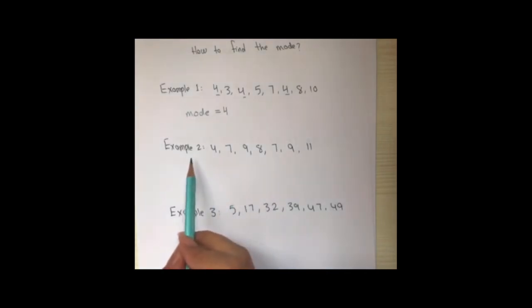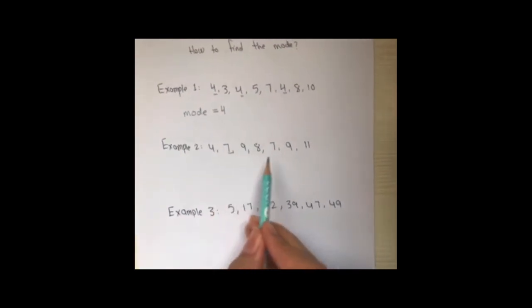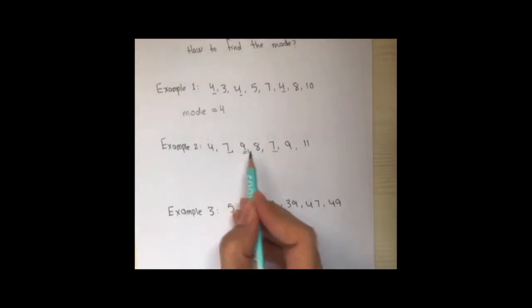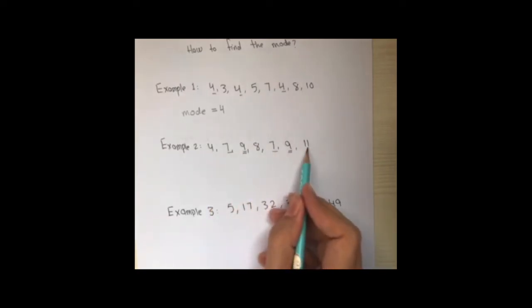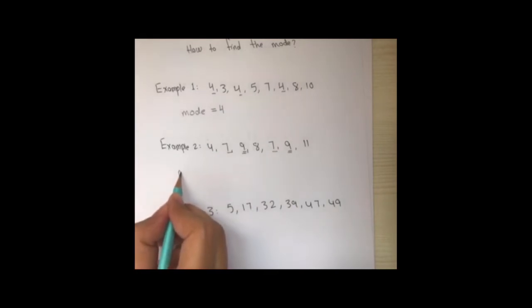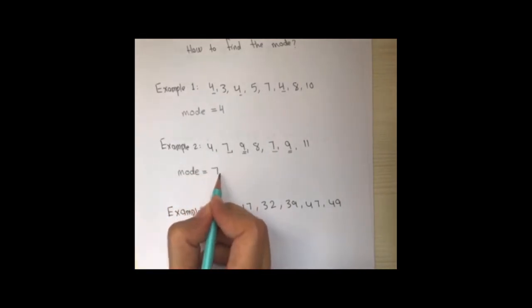Now, in example 2, we can observe that 7 is repeated 2 times, and also the 9 is repeated 2 times, while the other numbers are repeated only once. In this case, the mode equals 7 and 9.